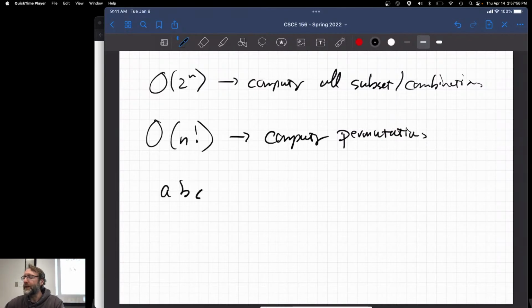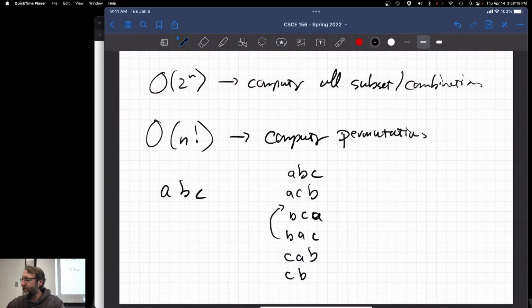Again, A, B, C. 3 here. 3 factorial is what? 6. So how many arrangements are there of ABC? 6. ABC, ACB, BAC. That one should actually go first there. Right. What else? BCA, CAB, CBA.